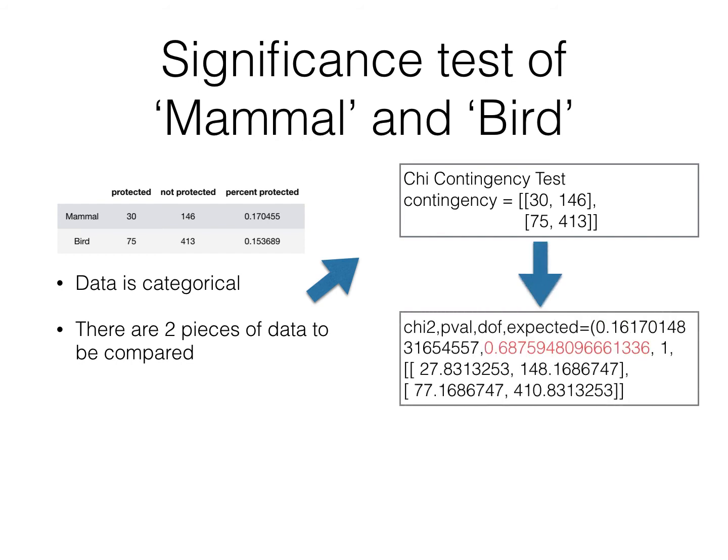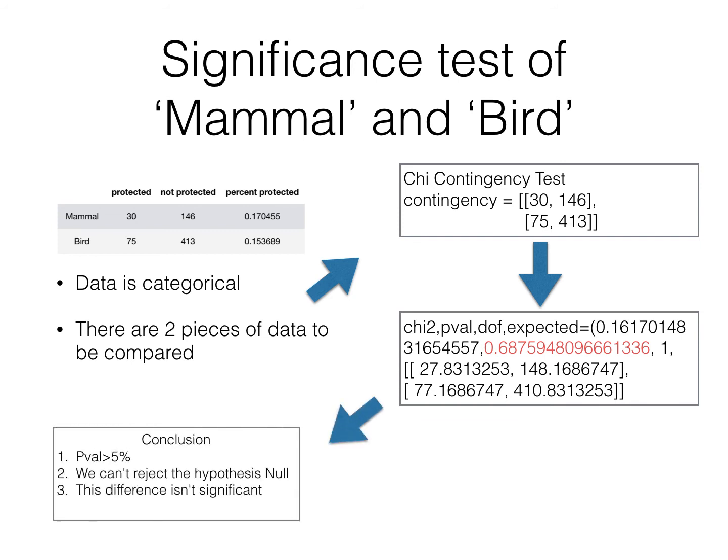So we run the test and we got the result of the chi-square contingency. So we can see the p-value is 0.68. It's bigger than 5%. So we can't reject the hypothesis now. The difference is not significant.